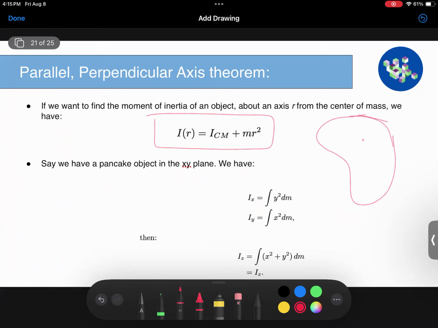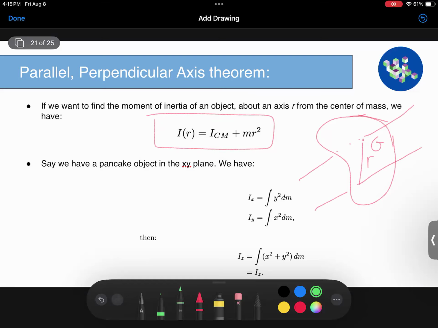This is my center of mass, let's call it G. And then I'm looking at an axis, say that's my axis. Then I have another axis over here. G is my center of mass, by the way. So if this distance is R, then the moment of inertia about this axis over here.